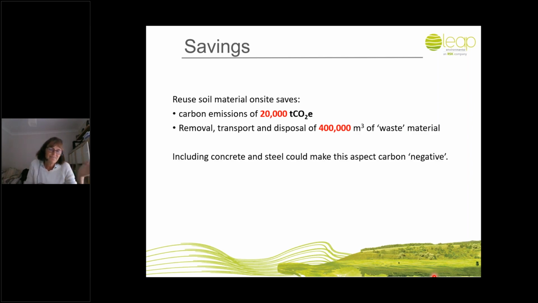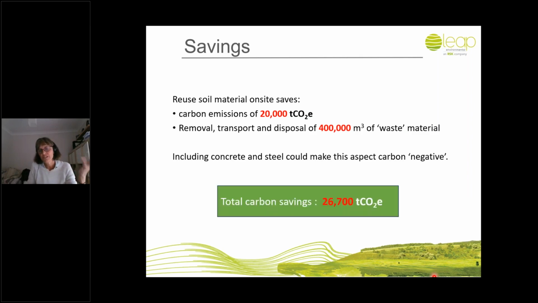I've put this question: could including concrete and steel make that better? Yeah, okay, it's something to include. And when we do the numbers, we end up with a total carbon saving of 26,700 tonnes compared to the worst case scenario. You have to be careful with these numbers, as I say, but anyway, you can make big changes.